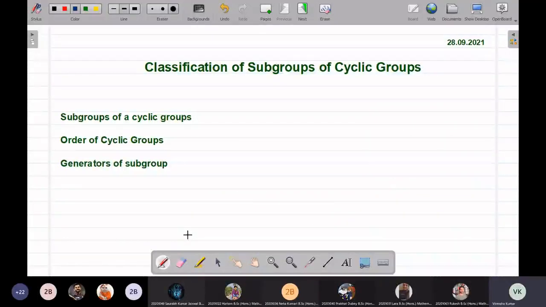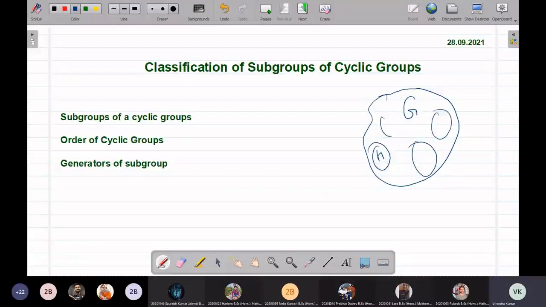So this is the story so far. Today I have planned to discuss the subgroups of cyclic groups. What are the natures of subgroups of cyclic groups? In general, suppose G is a group, and there are many subsets.